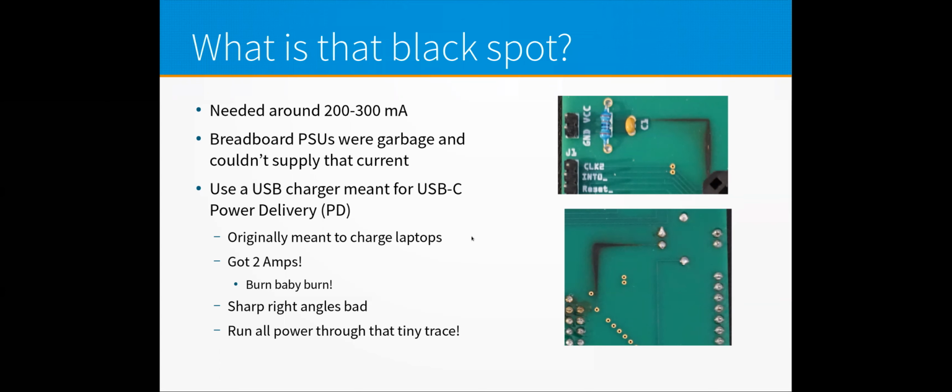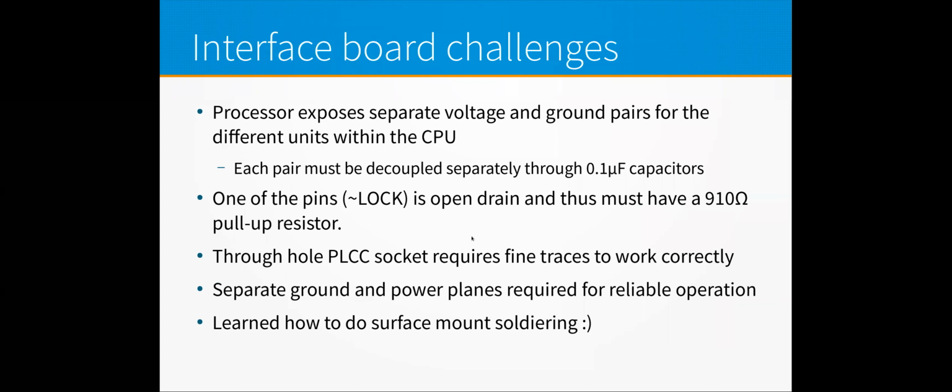So let's talk about some of the other challenges besides burning the thing underneath the protective layer. You should definitely decouple all these power lines into separate locations. All these power and ground pins must be separated and decoupled with capacitors, so that if there's power dips, the capacitors can provide enough backup voltage so that it doesn't kill the processor and shut down.